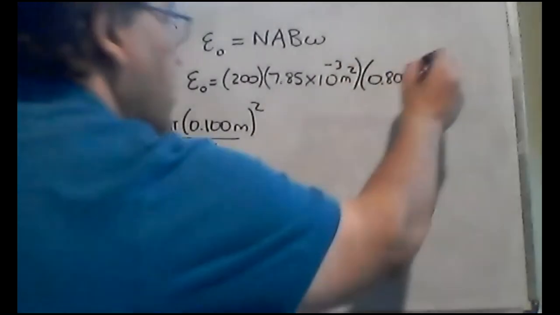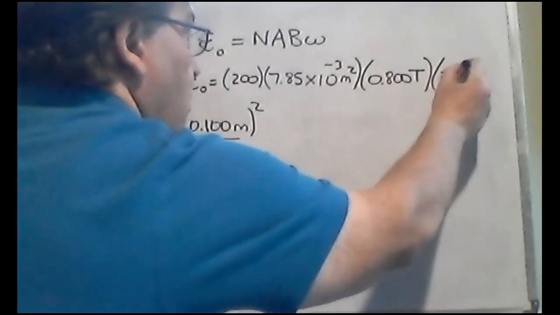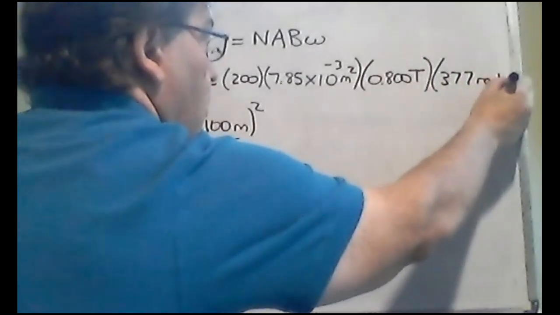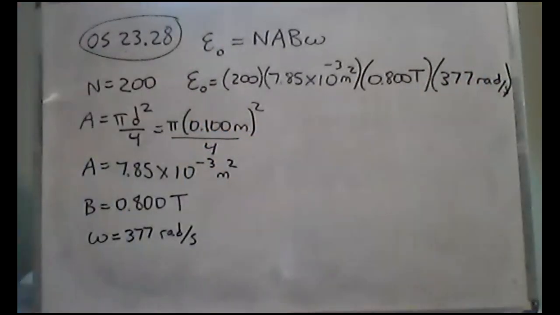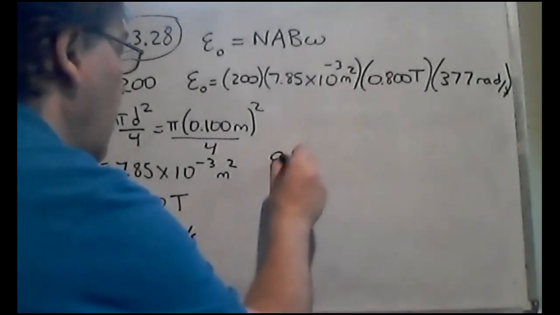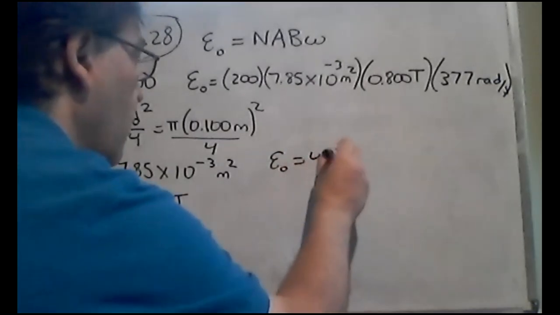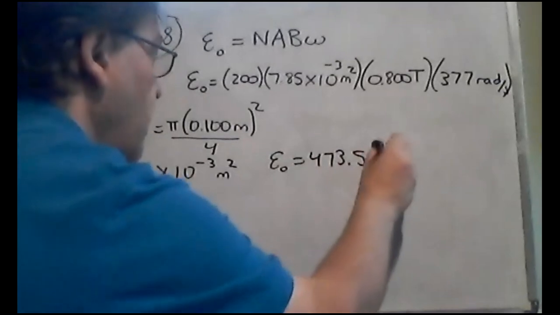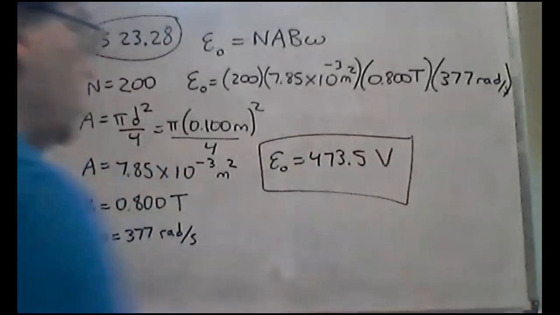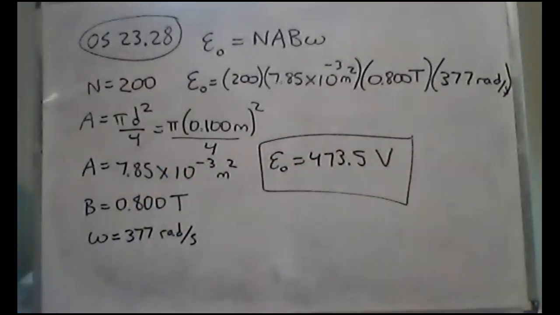My omega is 377 radians per second. All right. Multiplying all that together, I find out that my epsilon naught is going to be 473.5 volts. That is the maximum induced voltage or EMF I'll have in my generator. 473.5 volts. And it's straight from what I derived.